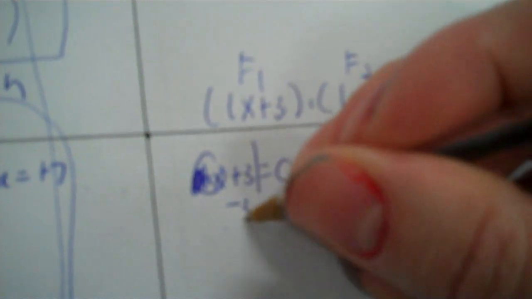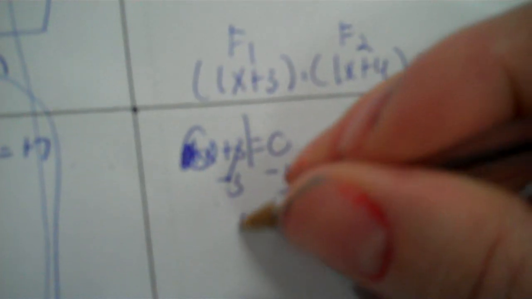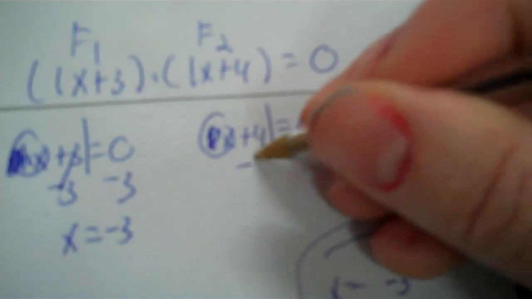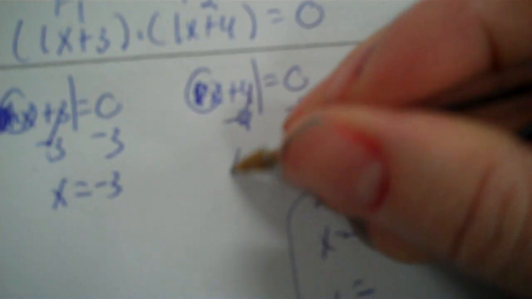Dot numbers of 1, take it out, minus 3, and you get negative 3. Dot numbers of 1, you can take it out, minus 4, and you're at negative 4.